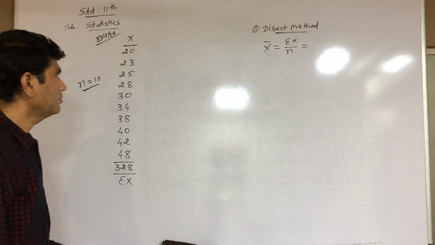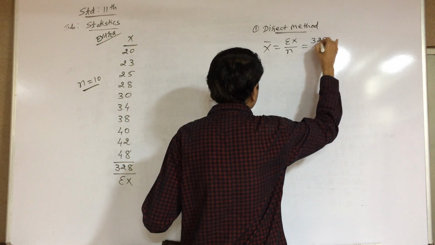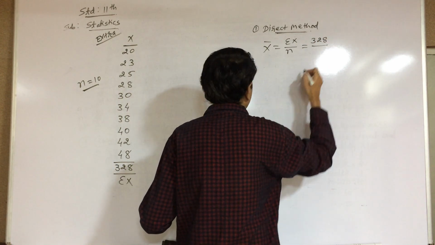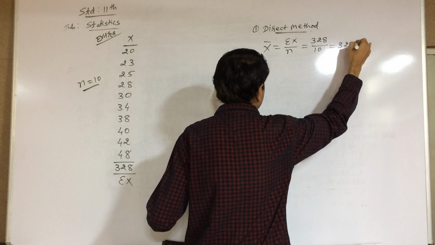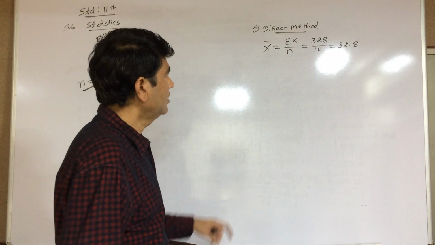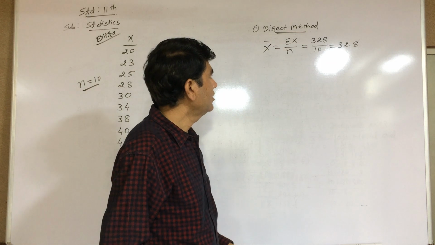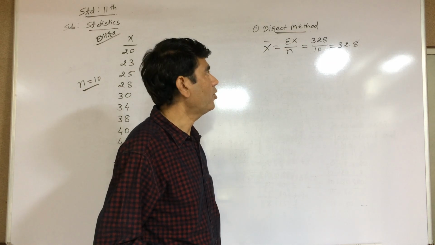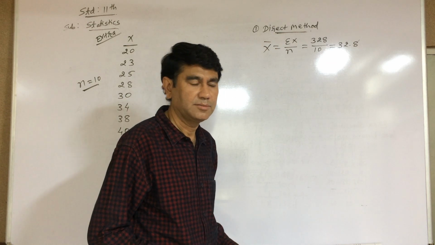Yes, value of sigma x is 328, and value of n is equal to 10. So division is 32.8. 328 divided by 10, you get answer 32.8 according to direct method.